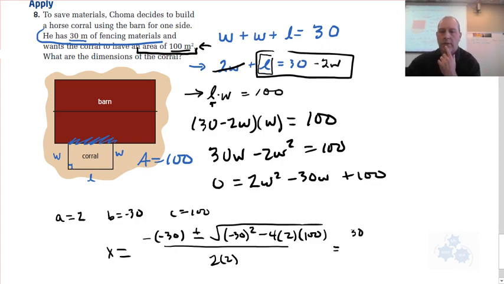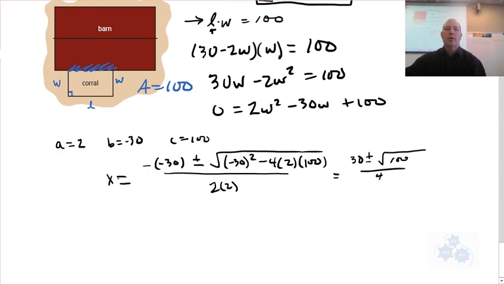So that's going to be 30 plus or minus the square root of 900 minus 800, which is 100, over 4. So you should get W equals 30 plus 10 over 4, that's going to be 10, or 30 minus 10 over 4, which is going to be 5.